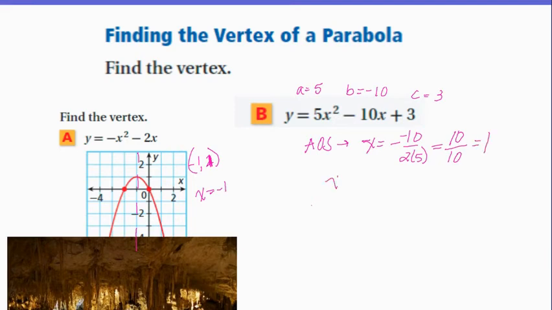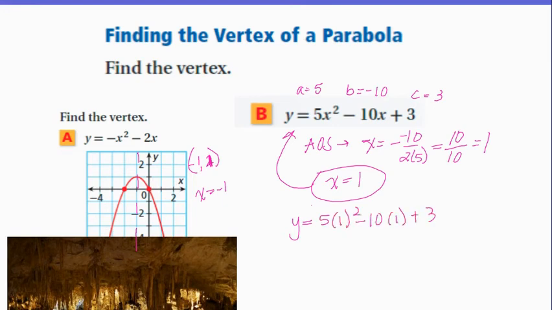So my axis of symmetry would be x equals 1. If I know the x, I can plug it in to find the y. Y equals 5 times 1 squared minus 10 times 1 plus 3. 5 minus 10 plus 3 equals, and I think that you get -2.